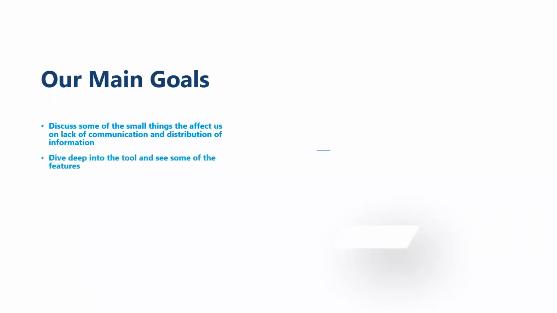Then we're also going to dive deep into the tool and see what some of the features are that we can really hone in on and specifically see and really calculate. That's going to be more for us to know what's going on, what has stayed the same, what has changed, what has been brought in, what is taken out, things like that. And then we're going to utilize the snapshots for what other communications we can hone in on.